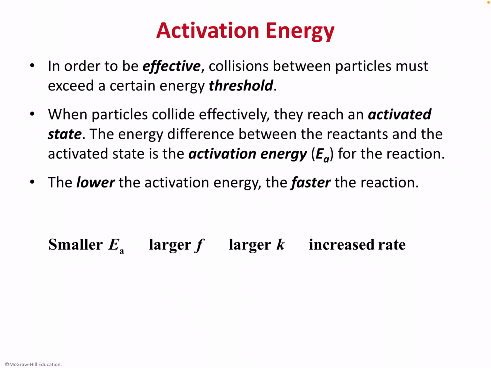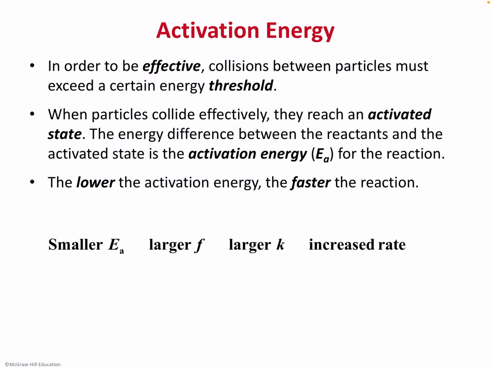So the activation energy that we saw in our previous slide: in order to be effective, collisions between particles must exceed a certain energy threshold. Sometimes particles can collide with each other, but if they have not overcome the energy threshold, there won't be any effective collision.